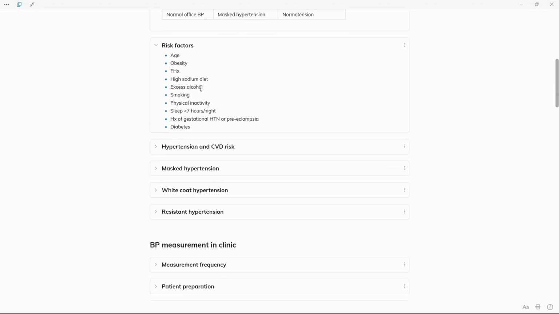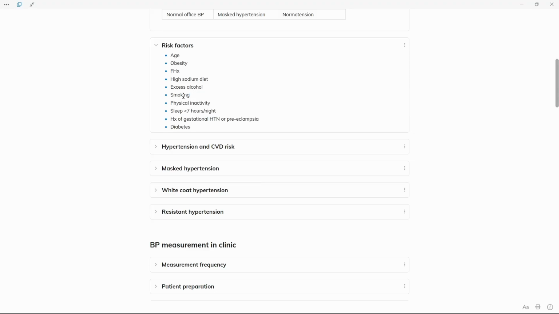Excess alcohol also causes an elevated blood pressure. So alcohol increases blood pressure as it directly stimulates the sympathetic nervous system. Alcohol also has been shown to stimulate the release of renin from the kidneys, which, as we know, downstream leads to angiotensin II, aldosterone, sodium reabsorption, and vasoconstriction.